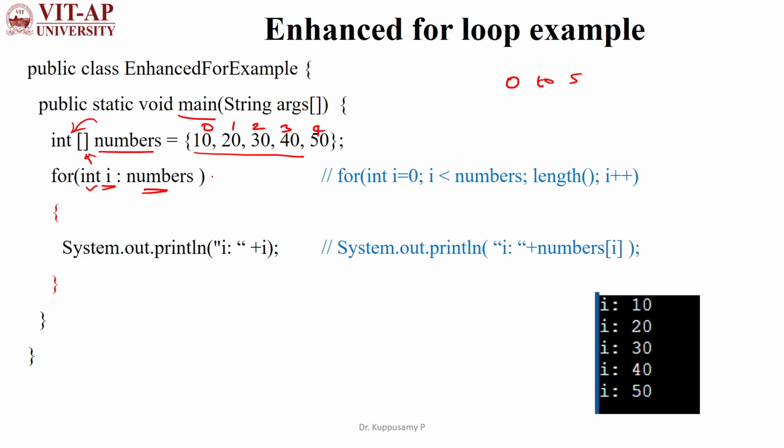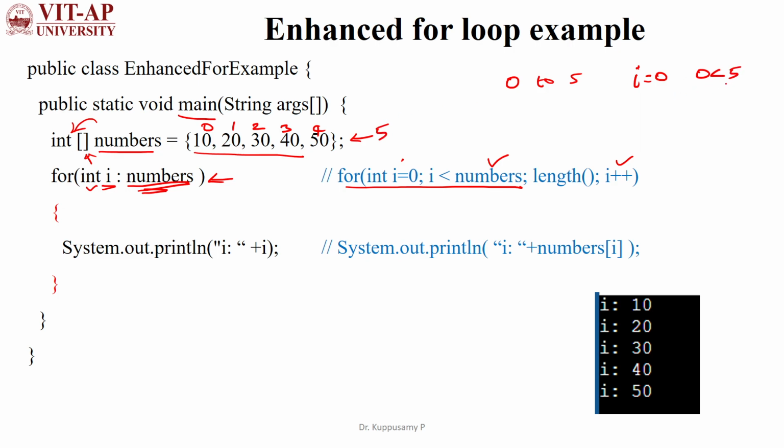This statement is equivalent to the previous for loop. Here initialization is 0, then the condition checks until the length of this array variable numbers, then it will increment one by one for each iteration. So now as per this, i is 0. When i is 0, the condition will check 0 less than the length of the array, which is 5.